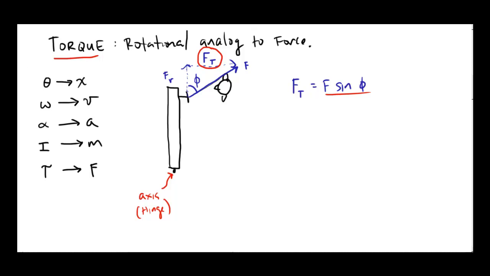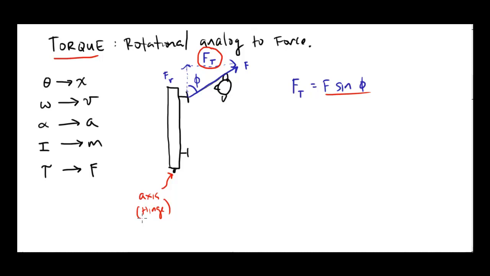Before I finish the explanation of torque, I'd like to think about the location of the doorknob on the door. The doorknob is almost always located way out here, far away from the axis. Why is that? What would happen if we put the doorknob here, very close to the hinge?